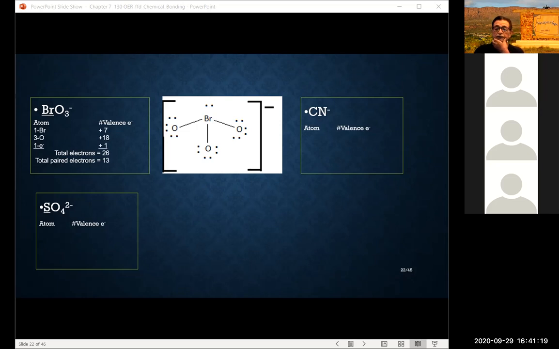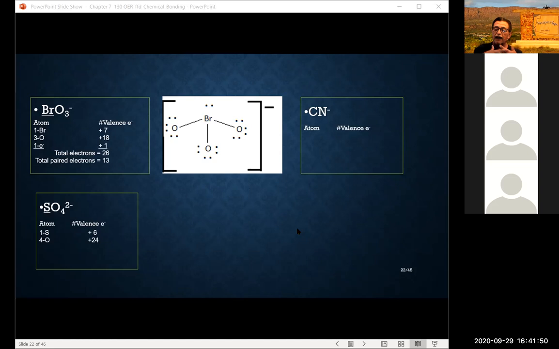Now, doing the next one, this is the sulfate ion. Notice that it is a negative 2 charge. Okay. You can do the procedure again. We got one sulfur, which brings in 6 valence electrons, and we have 4 oxygens, which gives us a total of 24 valence electrons, because remember, oxygen is in group 6. 6 times 4 gives us 24.